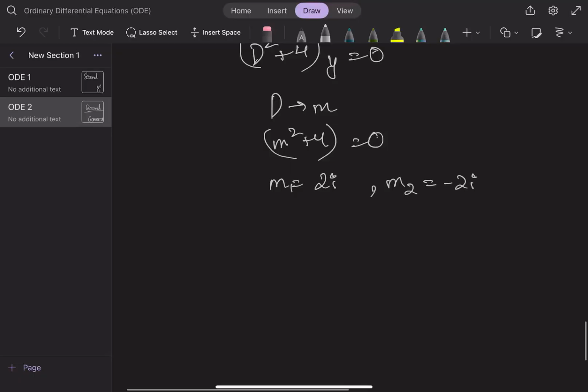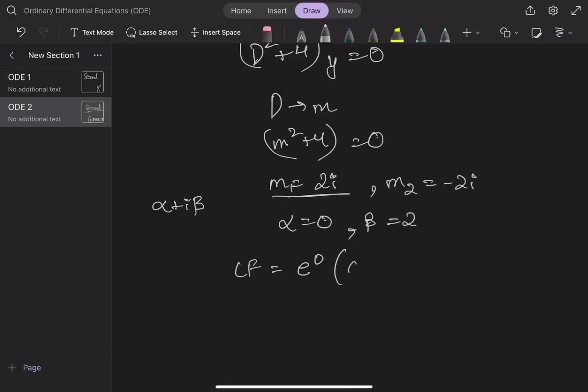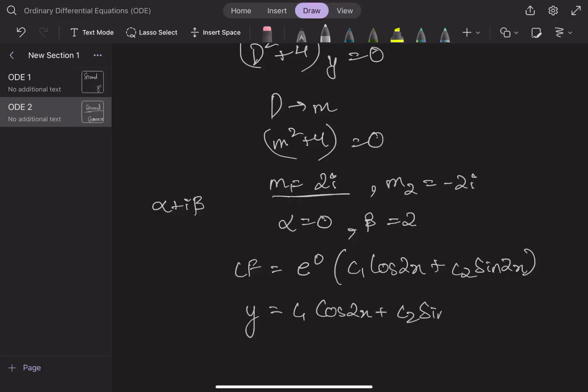So here, as you can see, alpha is equal to 0 as we write alpha plus i beta. So here alpha is equal to 0 and beta is equal to 2. So your CF becomes e raised to 0 times c1 cos 2x plus c2 sin 2x. e raised to 0 is 1, so your answer is c1 cos 2x plus c2 sin 2x.